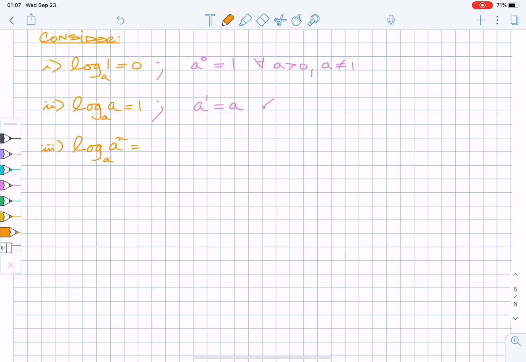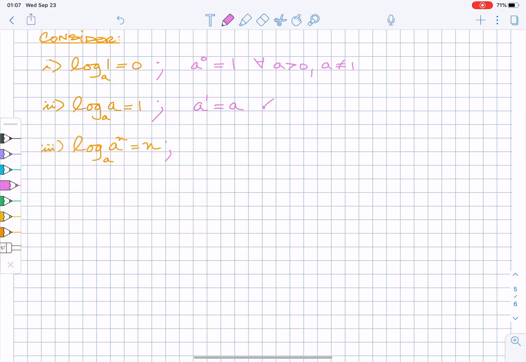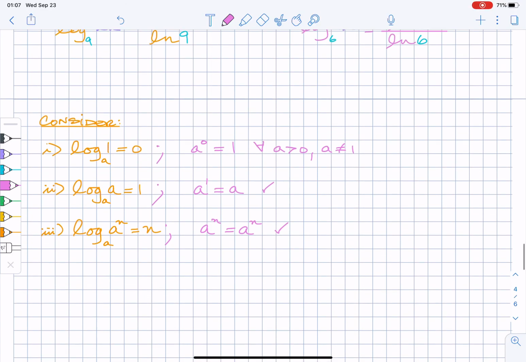I claim that that's n. Is base a raised to the n equal to the argument a to the n? Yes, it is. So these are a couple of properties that I was using, and hopefully you understand now why they are what they are. And here I will end this section and see you in the next section.